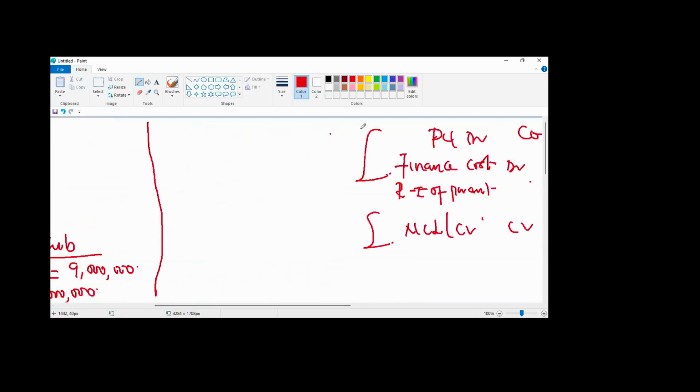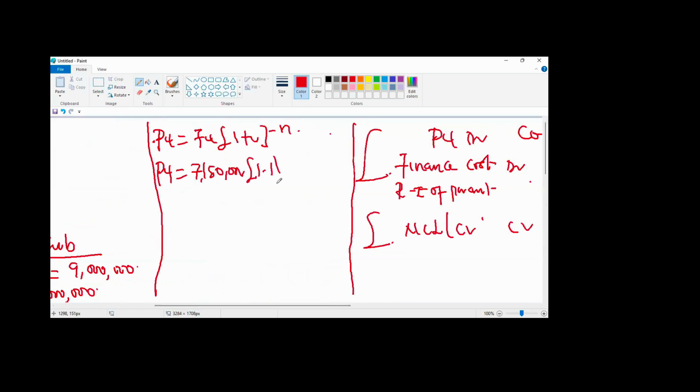So the present value equals future value times (1 plus R) to the power of minus N. So present value equals 7,150,000 times (1.1) to the power of minus 1. What is the present value? Somebody should check for me.